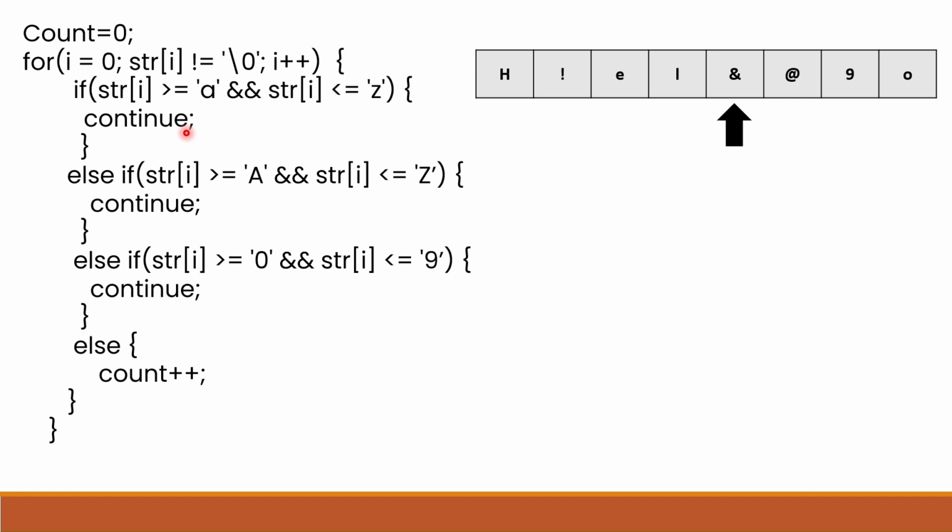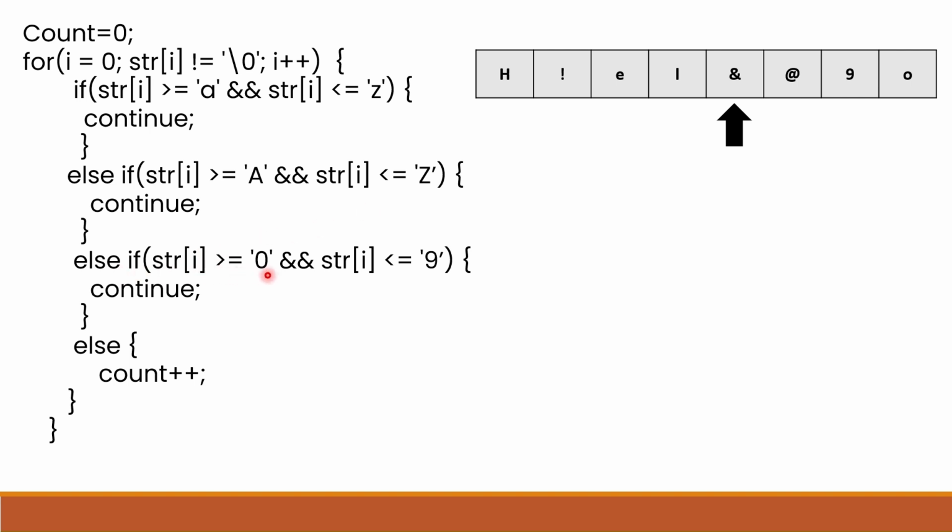In the next iteration, str of i's value is a space, and you have to check this if condition. If str of i is a small letter or not. No. So str of i is not a small letter. So we have to go to the else if loop and check if str of i is a capital letter or not. No, str of i is not a capital letter too.